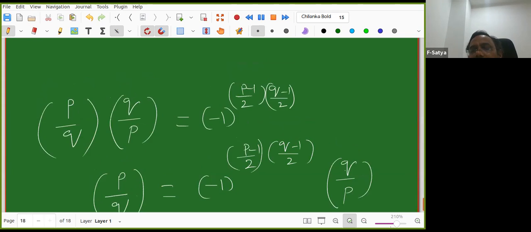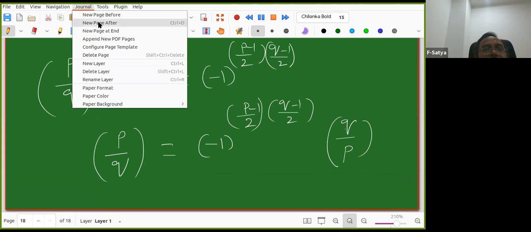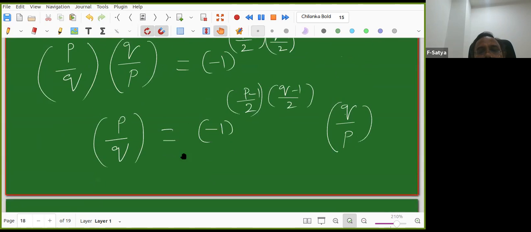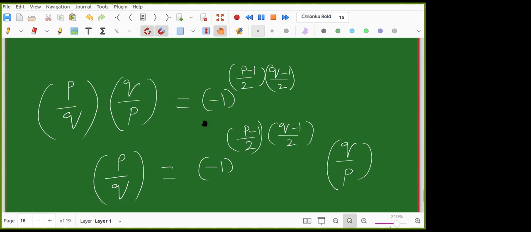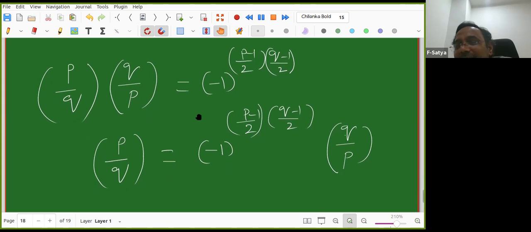Why is this useful again? Somebody can explain that. If you're able to see that one, then really great. So if q is large, it will be hard. Who is that?